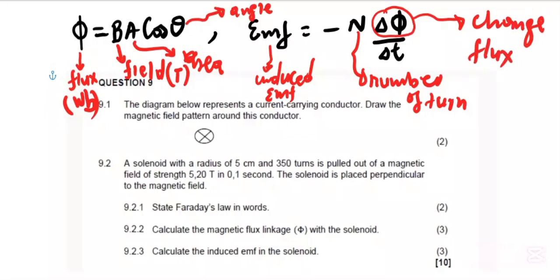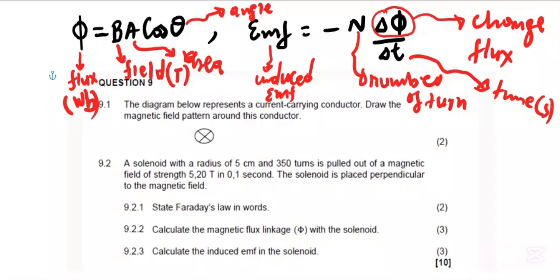So we have a final magnetic flux and an initial one, because there is a change. Then there is time in seconds. So let's quickly go to the question.